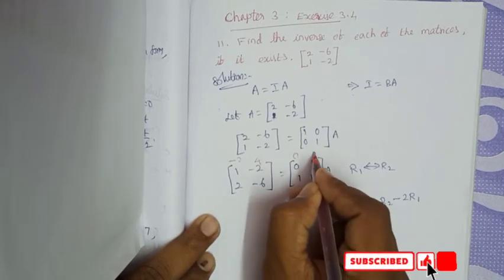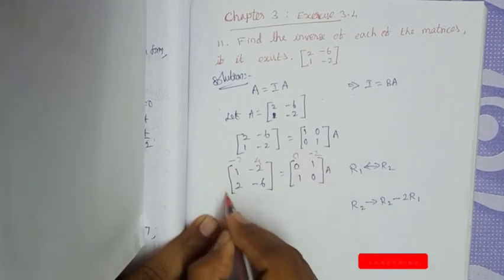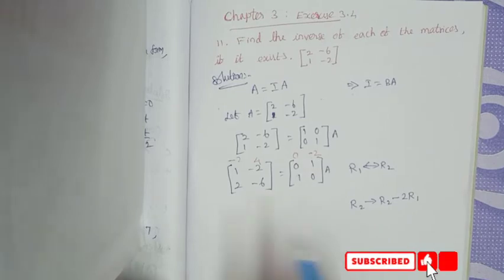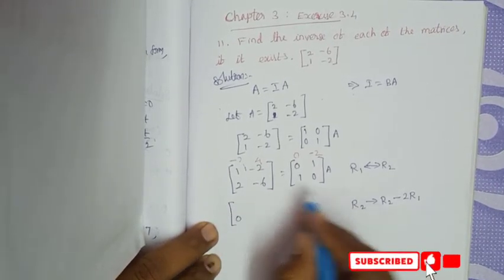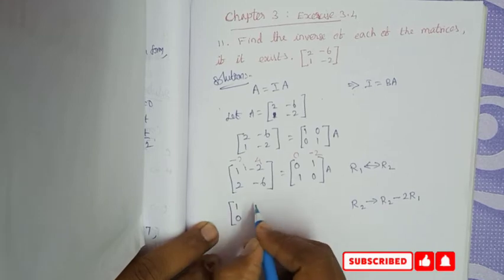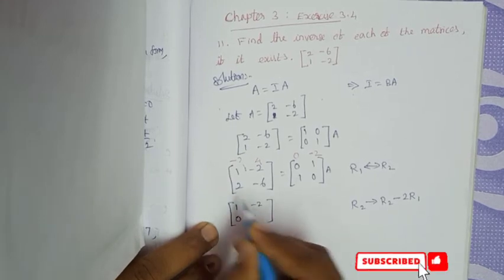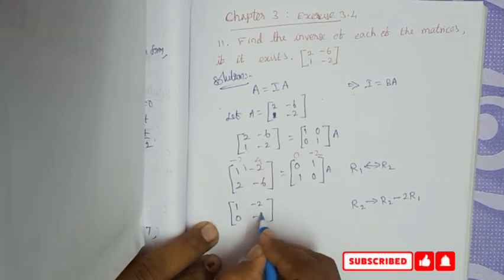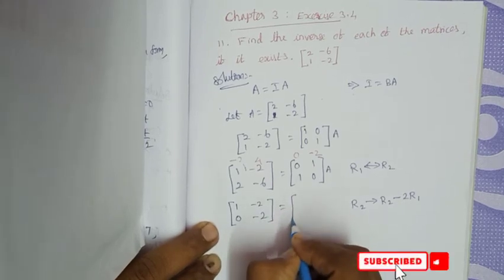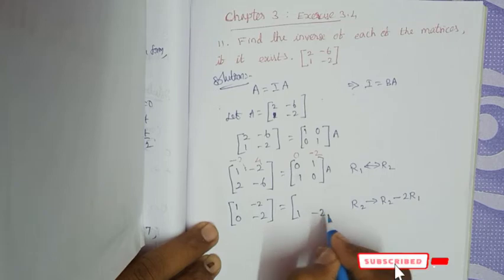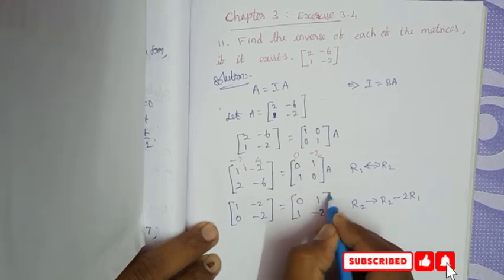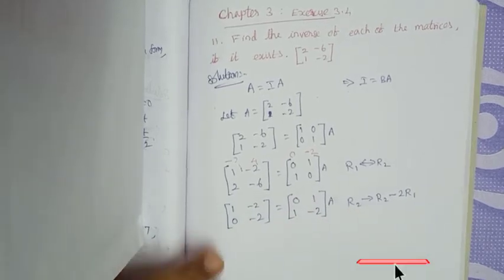Here 0, here minus 2. Then the sum of these entries: minus 2 plus 2 is 0. The first row has no changes, so we write 1, minus 2, and 0, minus 2, which is equal to 0 plus 1, 1, and minus 2 plus 0, minus 2. The first row is 0, 1 into A.